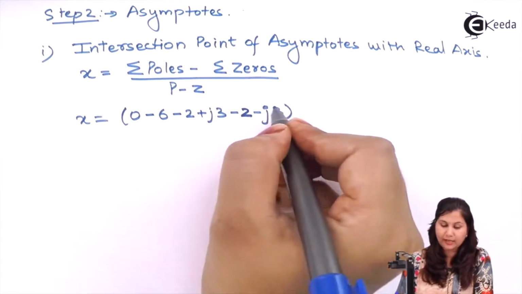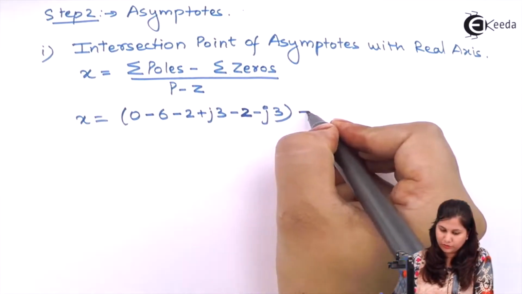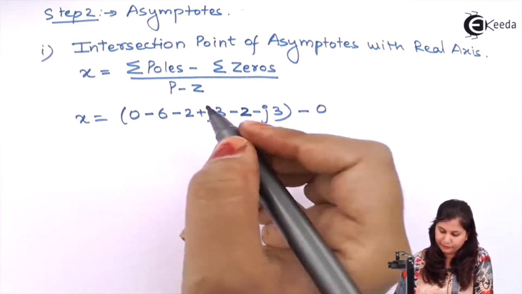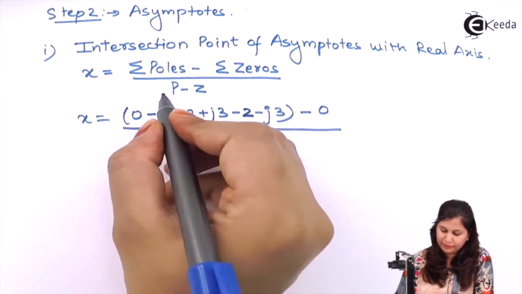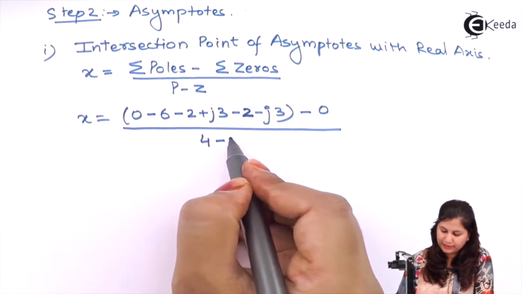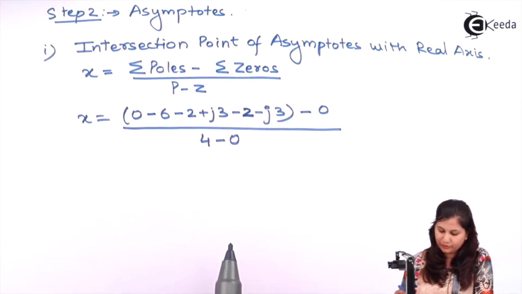So this is the sum of the poles. Now zeros we don't have any zero here, so we will put 0. Then P minus Z, we are having 1, 2, 3, 4 poles and this is 0, so 4 minus 0.